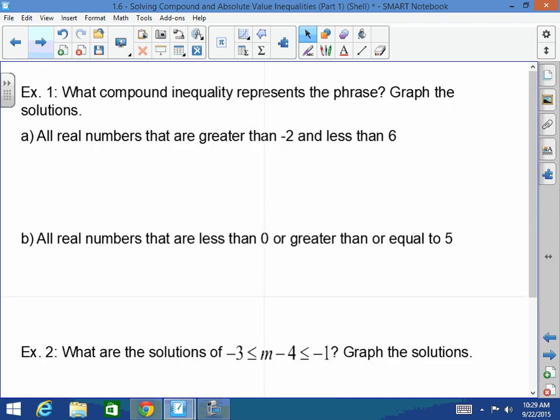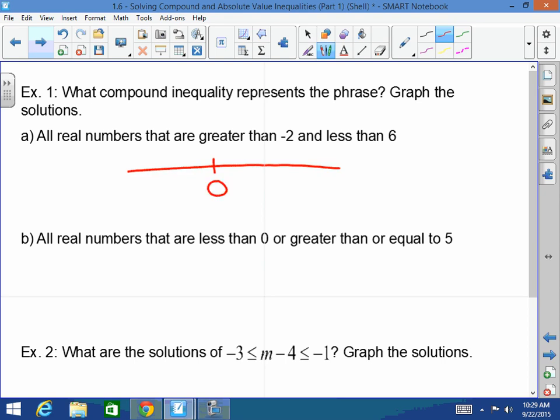All right, guys. So let's talk about how to write some inequalities first before we solve equations or inequalities. What compound inequality represents the phrase, and then graph the solutions: all real numbers that are greater than negative 2 and less than 6. In this particular case, I'm not too much of a stickler for graphing.